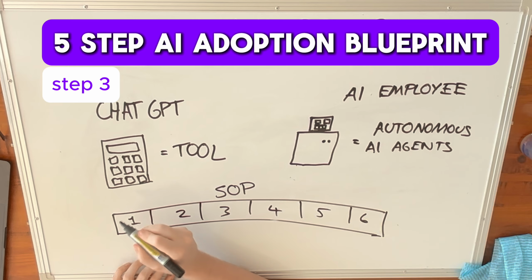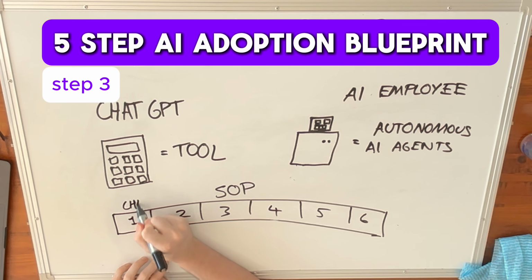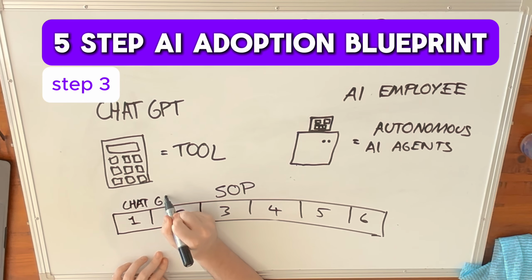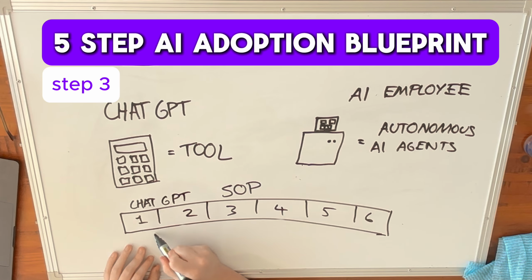So maybe ChatGPT gets you 1/3 of the way there, 33%. And if you're using ChatGPT by itself, that's really good. That means you're saving 1/3 of your time by using ChatGPT instead of manually writing a report, for example. You can just use ChatGPT and then copy that report into a Google Doc.